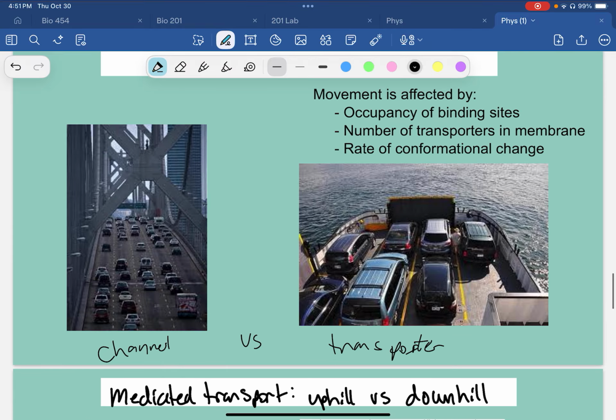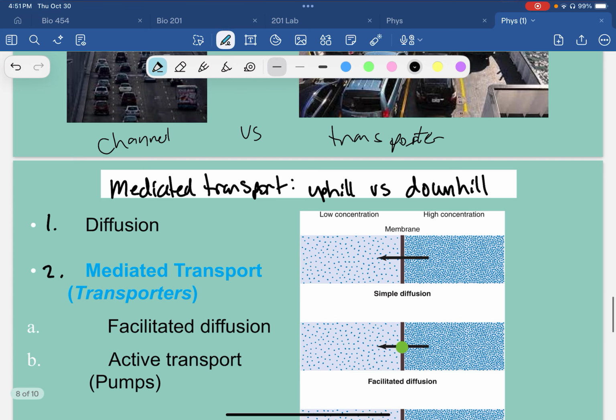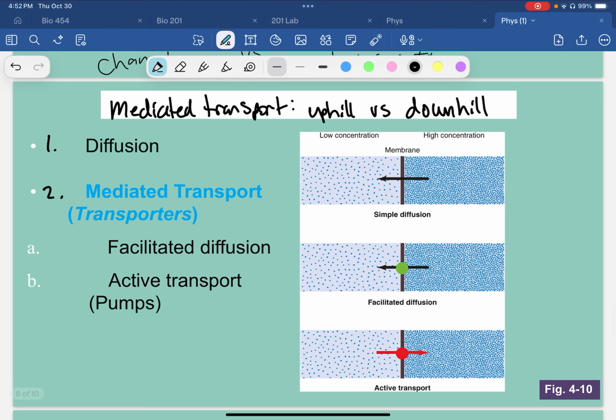This is my depiction of channel versus transporter. Our channel just allows a lot of ions to go through like a bridge, but our transporter has limited space. If we move down here to mediated transport, we have our uphill versus downhill depictions.